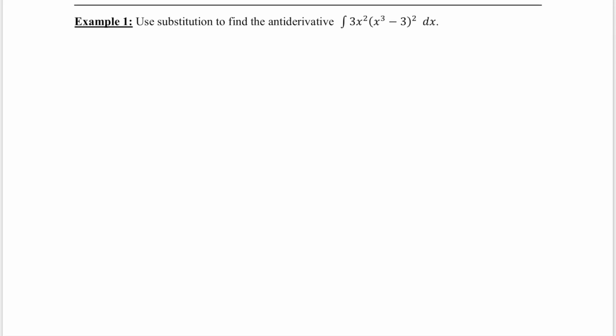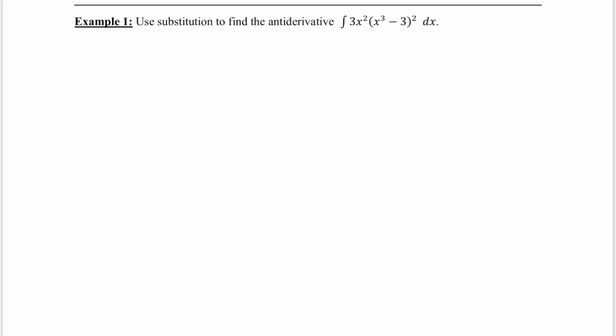Now, let's look at example 1. We want to find the antiderivative of 3x squared times (x to the third minus 3) squared dx. Before we start solving, let's check the pattern. Remember, substitution works when we see an inside function and its derivative nearby.